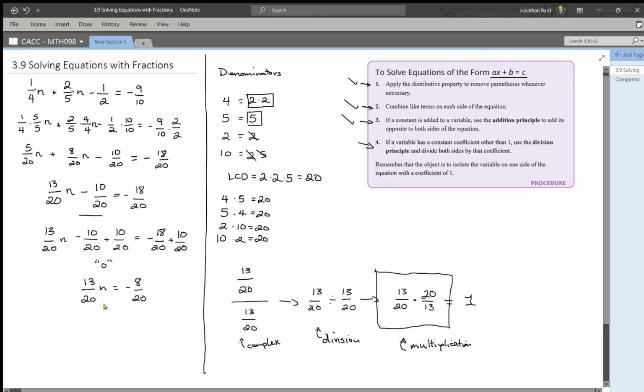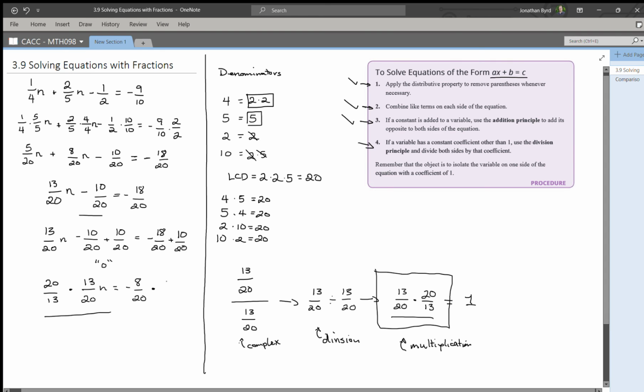What I'm going to end up doing is multiplying this by the reciprocal. So I'm just skipping ahead and saying, ultimately, this is what we're doing. So I'm just going to go ahead and do that.